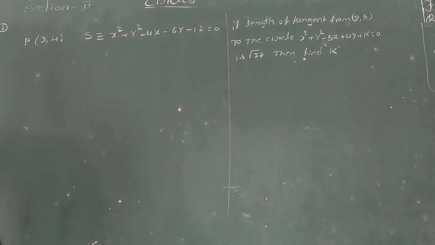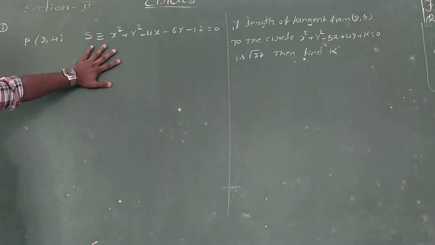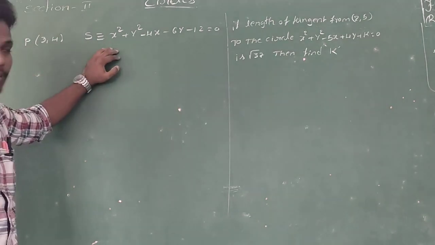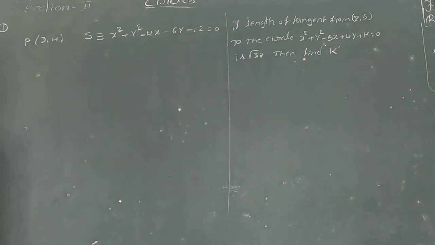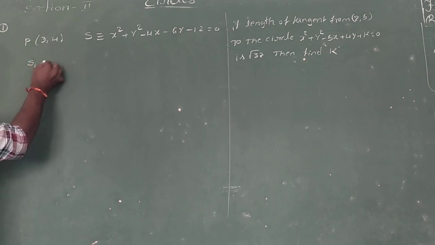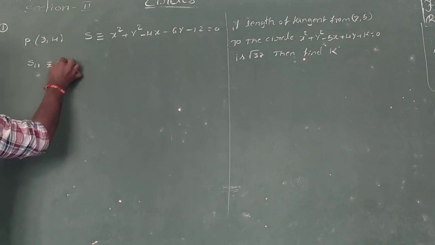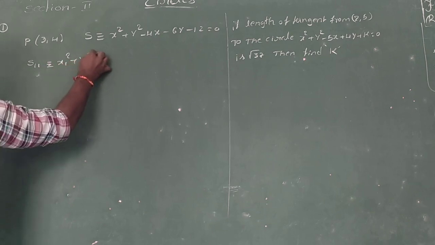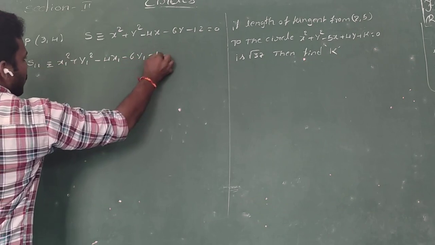Okay, let's see the example. The point is given as (3, 4) and the circle is x square plus y square minus 4x minus 6y minus 12 equals 0. We need to find all the things here. First of all, we need to find S11. S11 is x1 square plus y1 square minus 4x1 minus 6y1 minus 12.